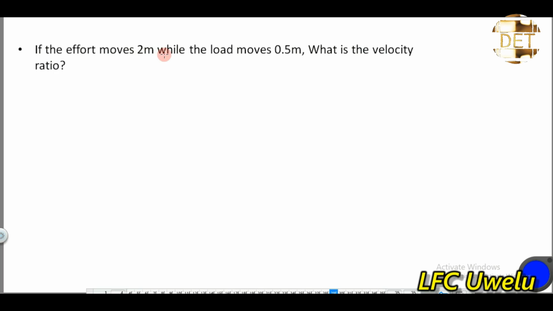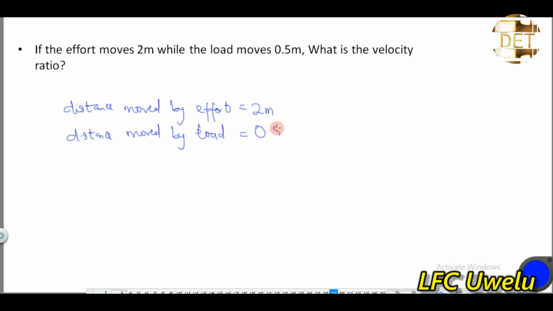The distance moved by the effort is 2 meters, and the distance moved by the load is 0.5 meters. What is the velocity ratio?